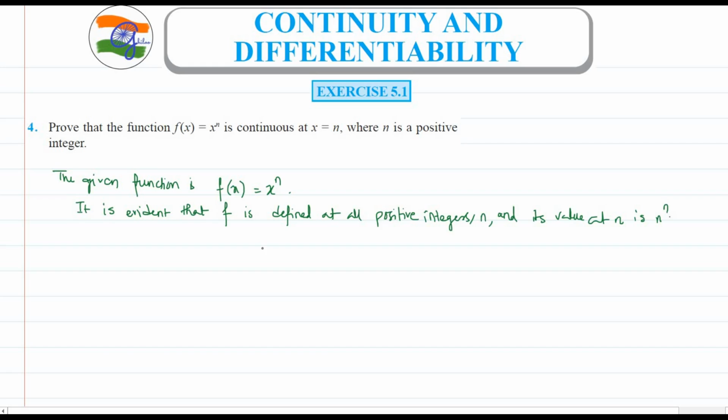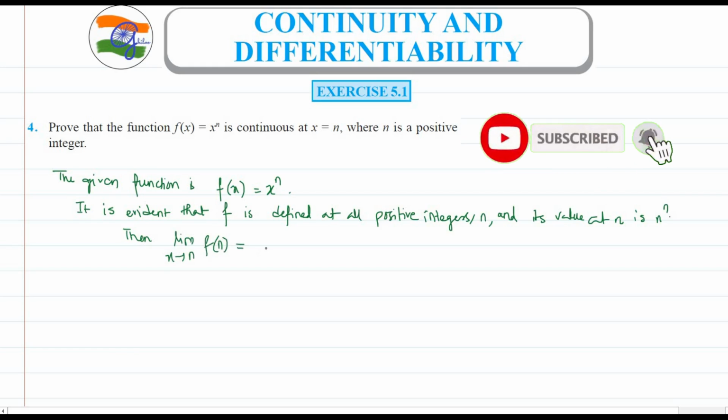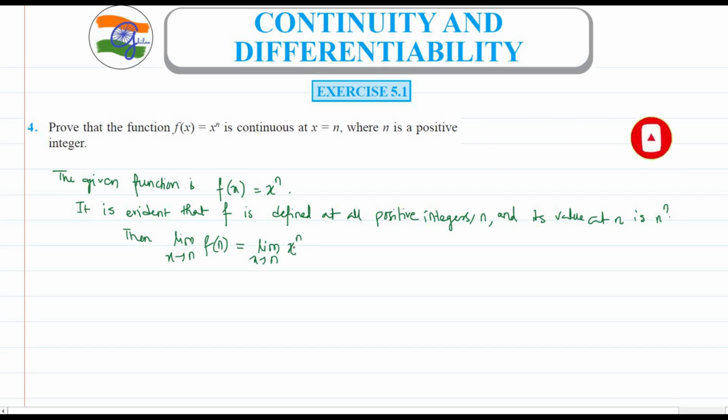It is very obvious. So where n is a positive integer, obviously for any positive integer n, it would be defined. So obviously then limit of x tends to n of f(x) is equal to limit of x tends to n of x raised to the power n, isn't it so?